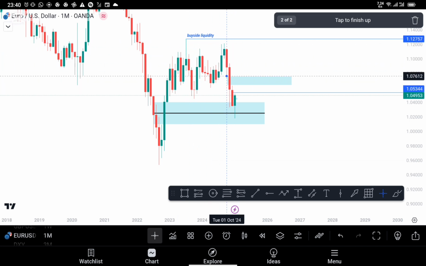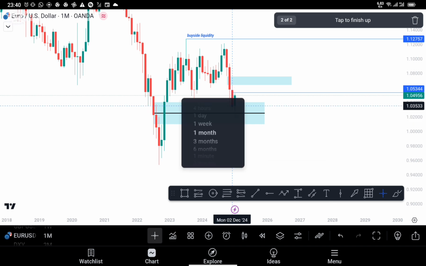If the market expands above this and this, it means it's reaching for this liquidity. Accumulation, manipulation into a gap, and now we seem to be rejecting. All this time we have been bearish, and then suddenly we have bullishness.